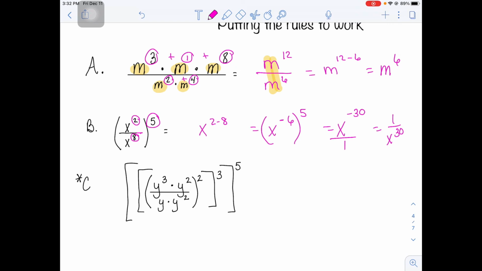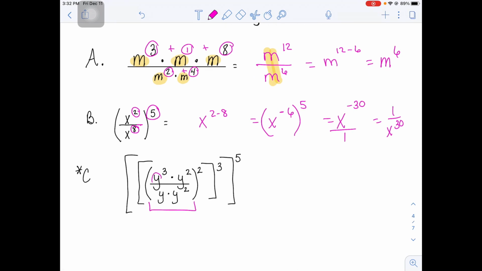All right, C looks very complex, but we're going to take it step by step. So we're going to look inside our parentheses first. We're just looking at this piece here, and we're going to go ahead and simplify our numerator. So we have like bases, so we have y, and these are being multiplied, so we add those exponents together, and we get 5. And then the bottom, we have like bases.